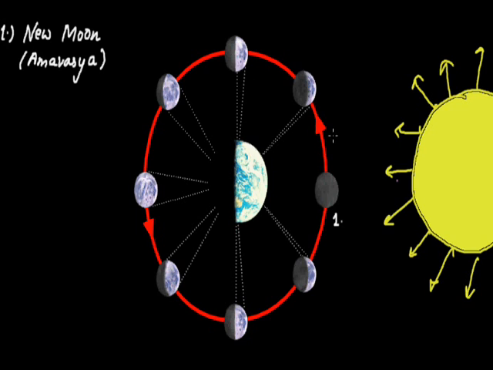Now let's go to the second step, and now we can observe that this time the portion of the moon visible from earth is a little part, and this part is observed from earth like this. Now this second position is said to be the crescent moon.